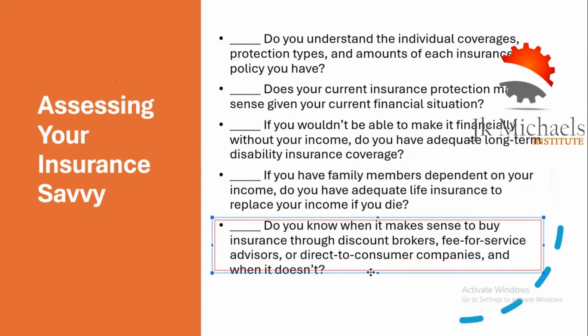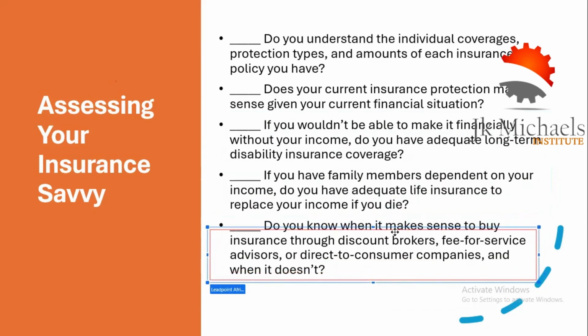And then, do you know when it makes sense to buy insurance through discount brokers, fee-for-service advisors, or direct-to-consumer companies, and when it doesn't? Now, this is another very important area, right? When should you buy insurance through discount brokers? When should you buy from fee-for-service advisors and direct-to-consumer companies?